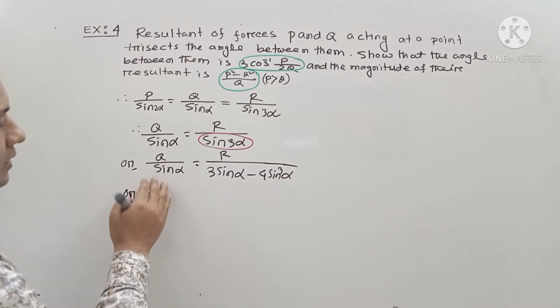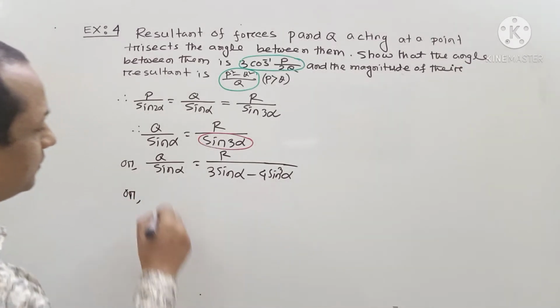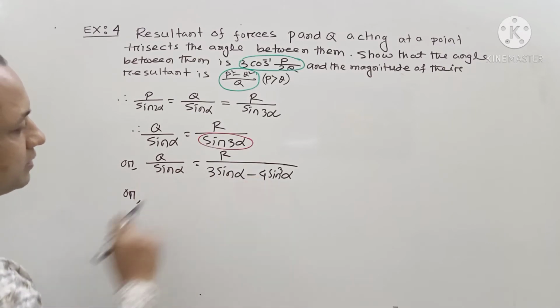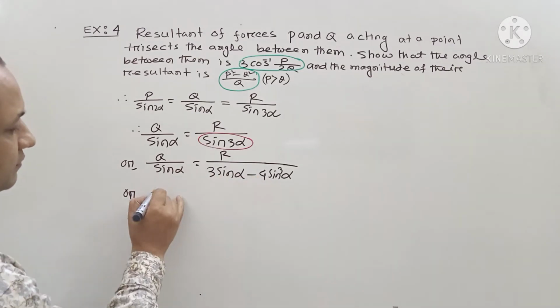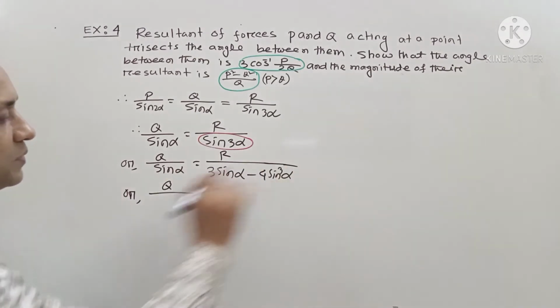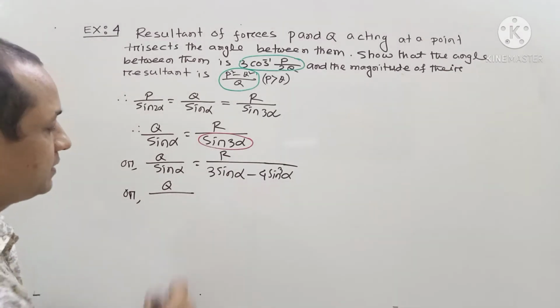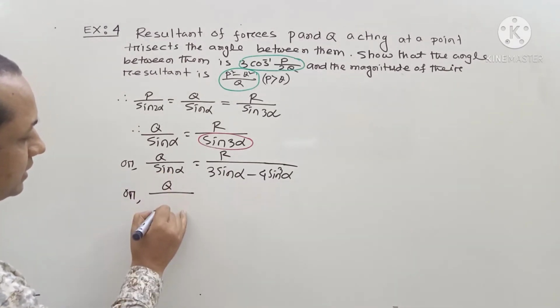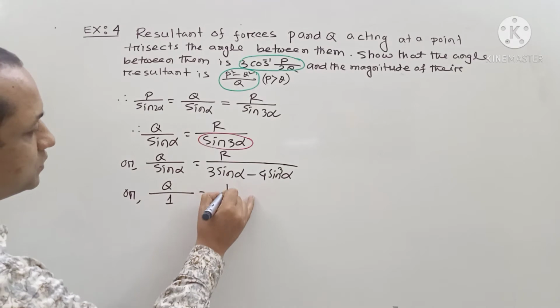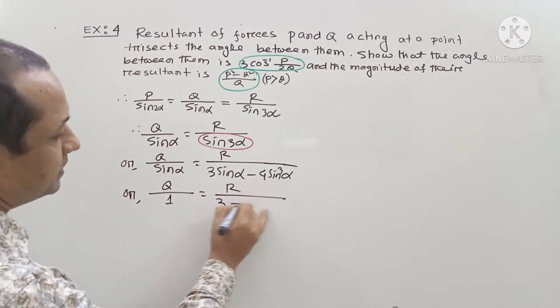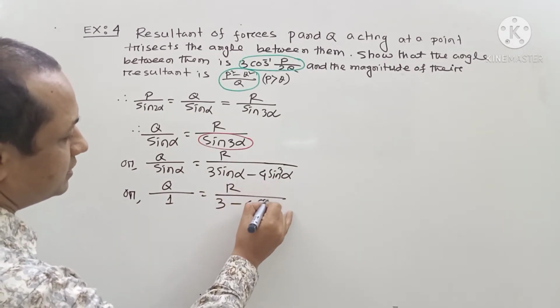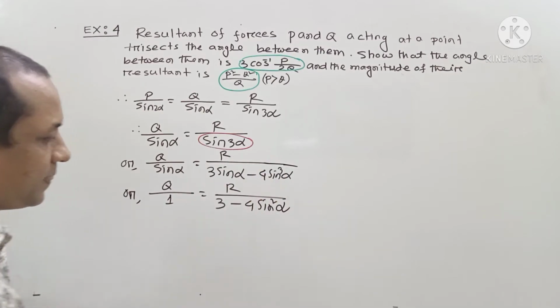Now we have, dividing both sides by sine alpha, eliminating sine alpha from both sides, we can write Q by 1 equals R by 3 minus 4 sine square alpha.